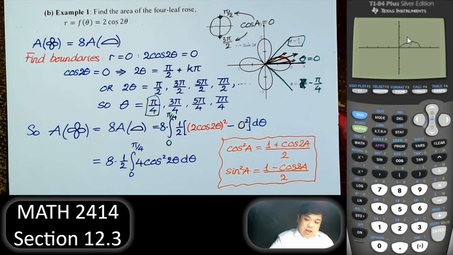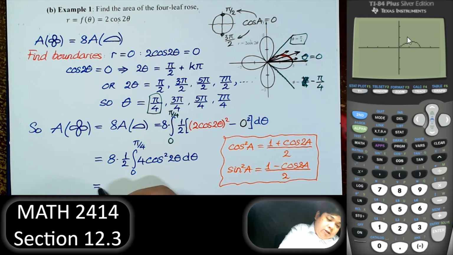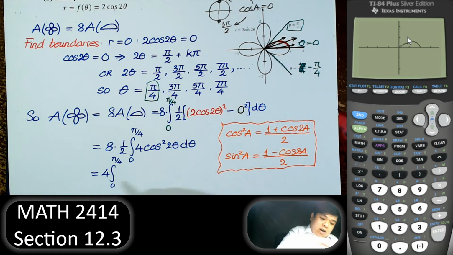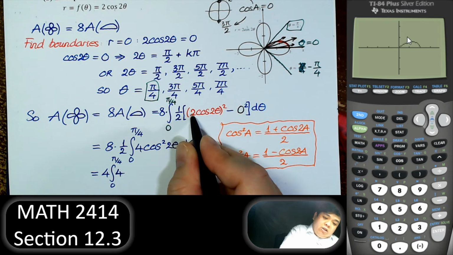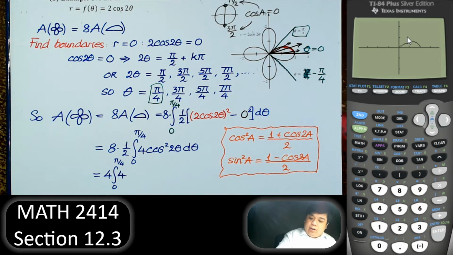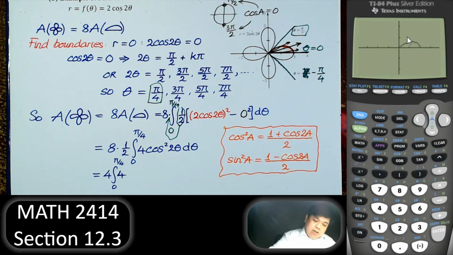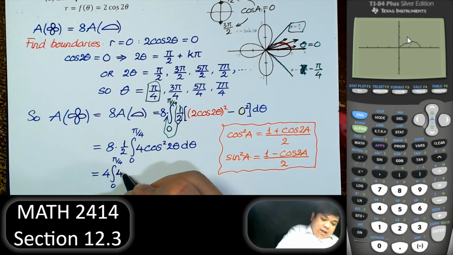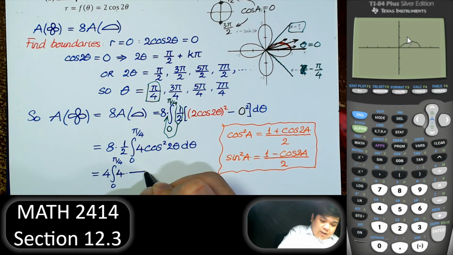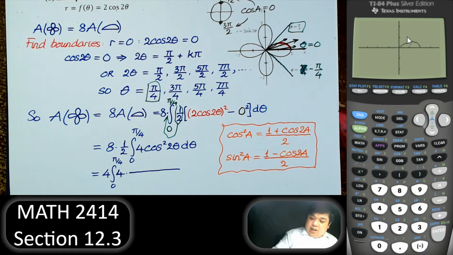Right. So simplify this, we have 8 times 1/2, and then there's still a 4 here, right? That 4 because of the 2 square. I'll take the 1/2 on the outside. Right, and then use that identity.